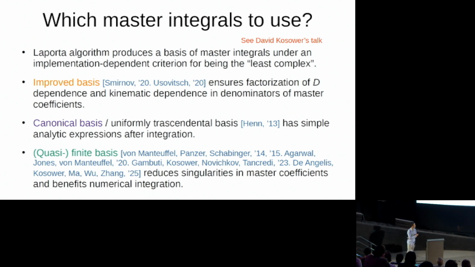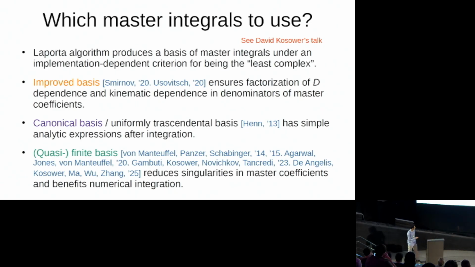So this is essential for obtaining clean results for non-trivial integrals. There's a canonical basis, which I'll mention later in the talk, which simplifies differential equations. And there are also all sorts of finite or quasi-finite bases, which make the integrals finite or finite up to an overall factor of 1 over epsilon in Feynman parametrization.